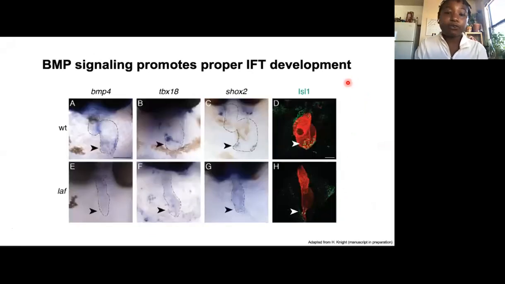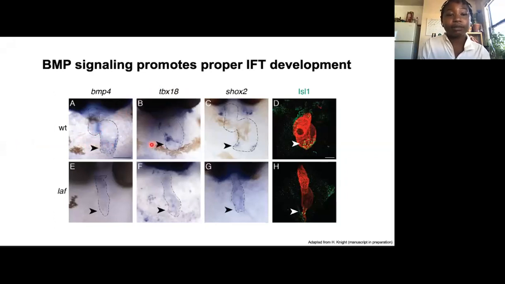The Yelon lab has moved forward with several approaches to identify BMP signaling as a potential promoter of inflow tract development. We've utilized the lost-a-fin mutant, which harbors a mutation in a BMP signaling receptor to decrease BMP signaling efficiency. Here we can look at the expression pattern of several inflow tract marker genes in wild type.